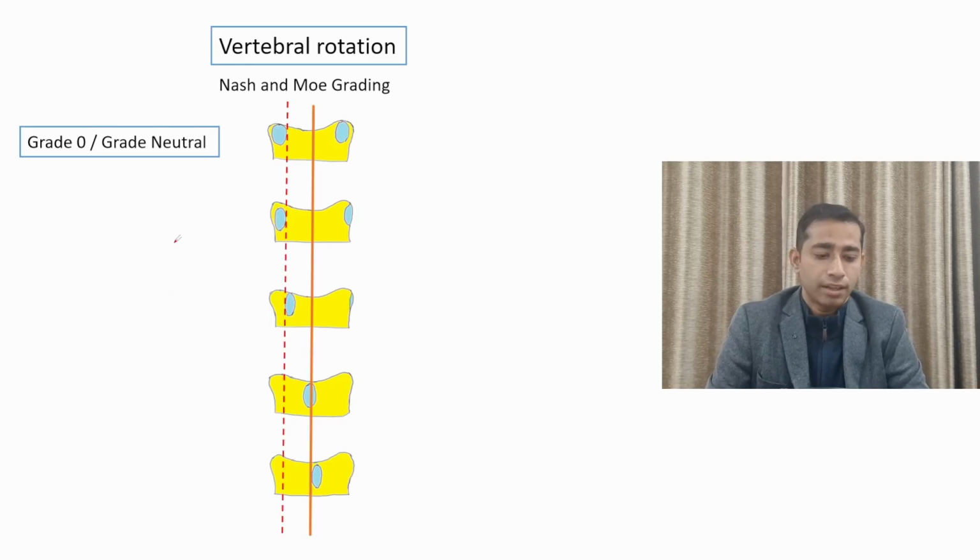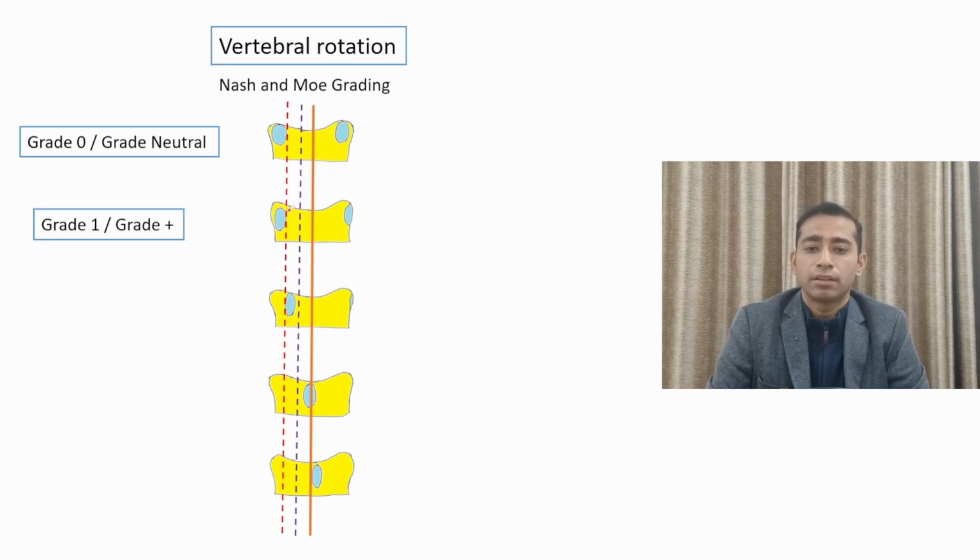For further grading, the half of the vertebral body is divided into 3 parts. In grade 1, the pedicle is still within the first segment but is slightly asymmetrical, and the concave pedicle has started disappearing.